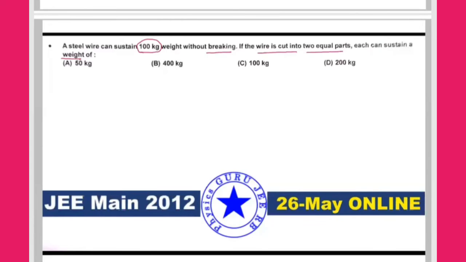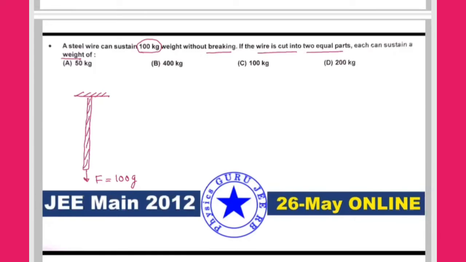So now let me take one steel wire. A steel wire can sustain a 100 kg weight. That means the force is equal to 100 kg weight, so it can sustain 100 kg without breaking.